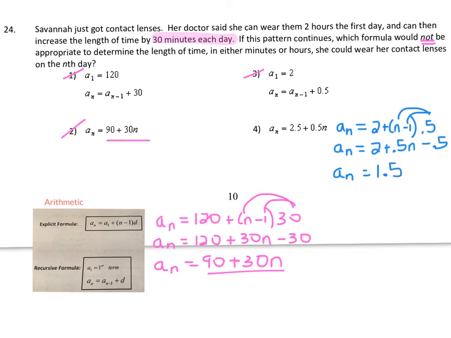And then I can bring down this 0.5n. And then this does not equal this. So choice 4 is the one that doesn't match up. Choice 4 is the answer.